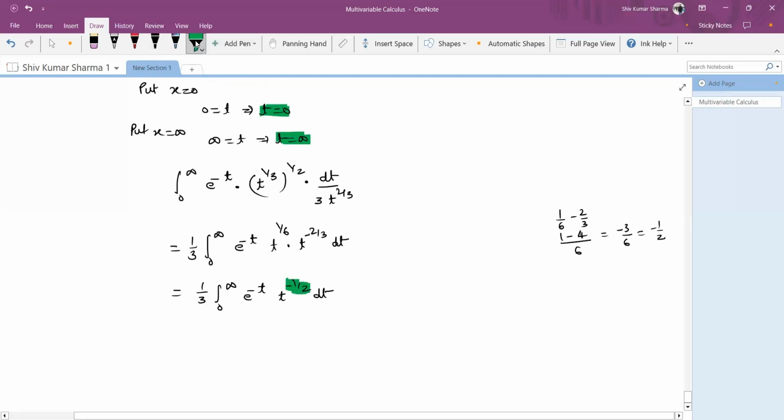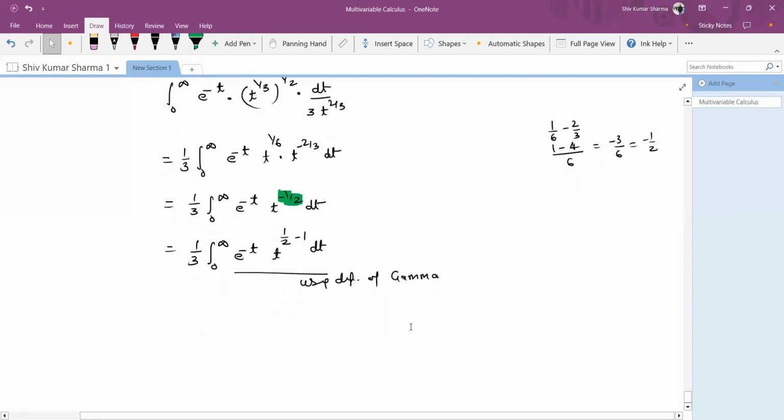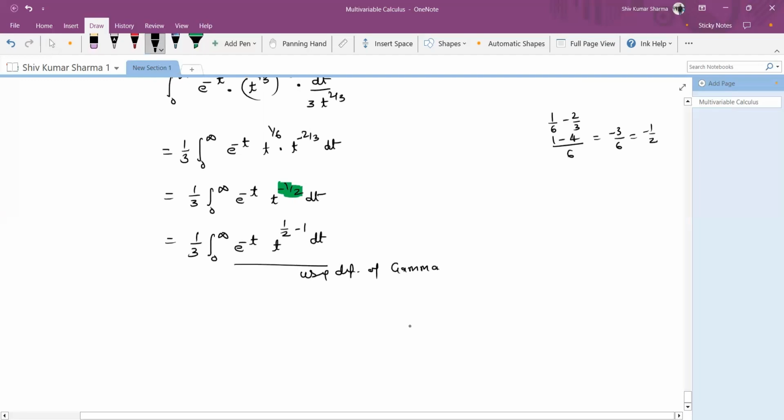We can write this as 1 by 3 integral 0 to infinity e raised to the power minus t, t raised to the power 1 by 2 minus 1 into dt. So using the definition of gamma function, this integral is equal to gamma 1 by 2.